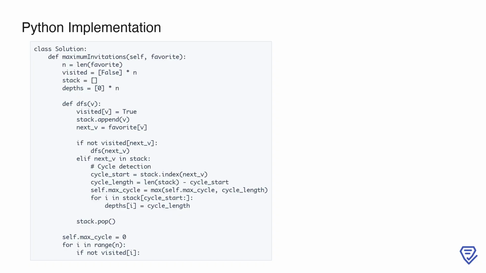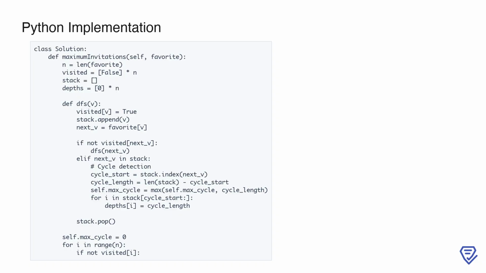Next, we define a helper function called DFS to perform a depth-first search starting from a given employee v. Inside this function, we mark the current employee as visited and add them to the stack. We then find the employee they favor, next_v. If next_v has not been visited, we recursively call DFS on next_v. If next_v is already in the stack, we detect a cycle.